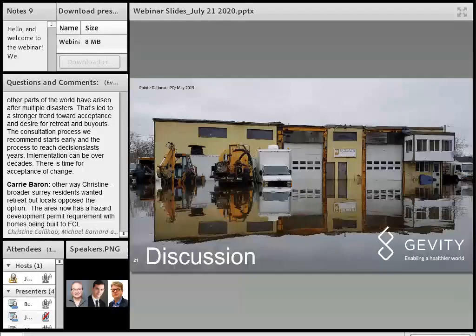And maybe the third area is what type of, I hesitate to use the word infrastructure, what kinds of amenities do you envision for that retreated area? Is it purely naturalized, or will you have walking trails? Will you have community gardens that people will also value?